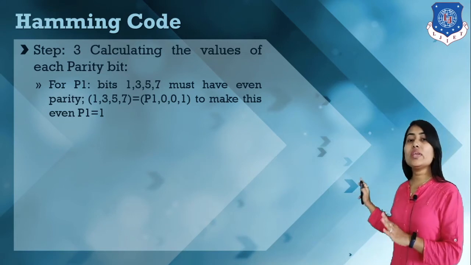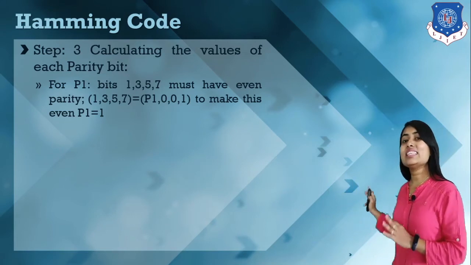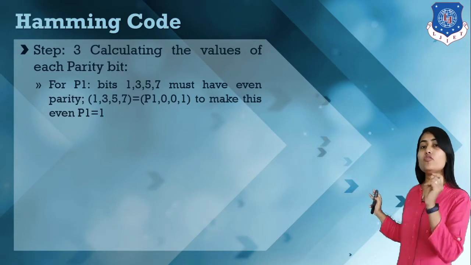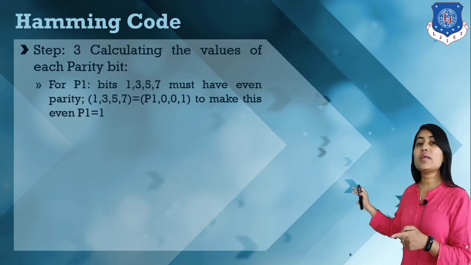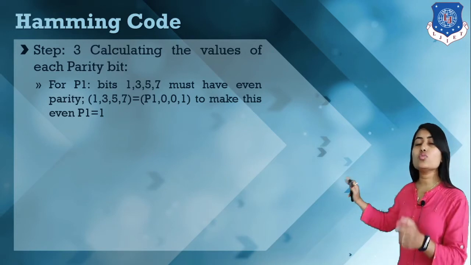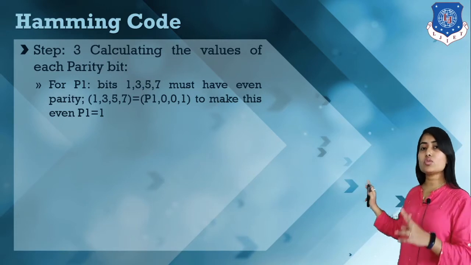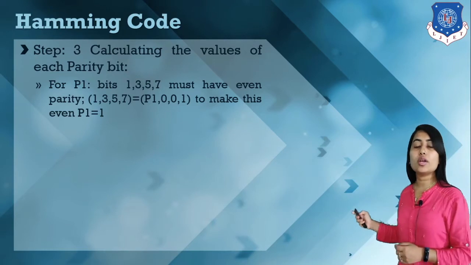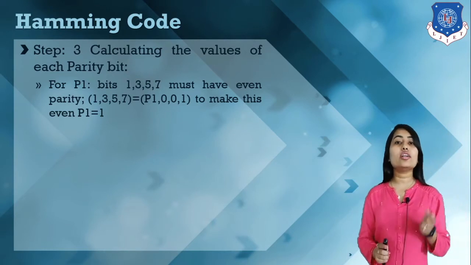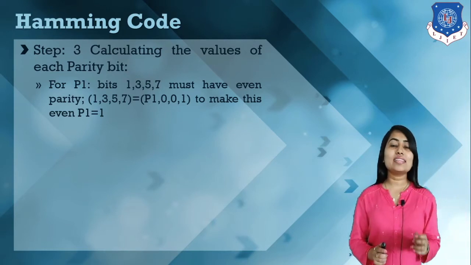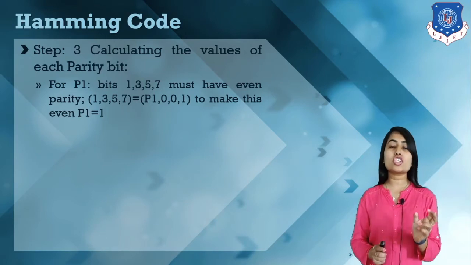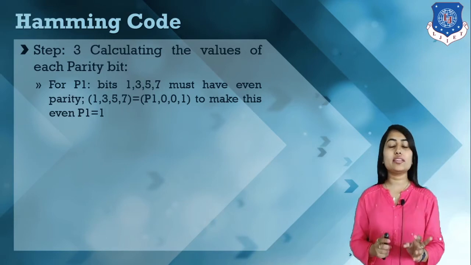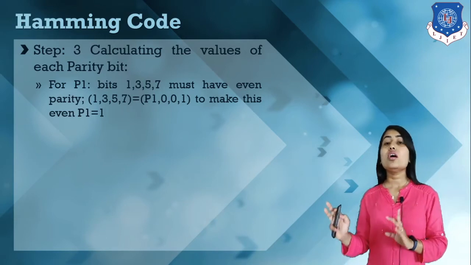So how can we make even parity in this bracket? If the value of P1 is 1, then this bracket has even parity, right? Because 1, 0, 0, 1, so two 1s, that means even parity. So here P1 is equal to 1, because it is necessary for the Hamming code format that the P1 location values have even parity. That means 1, 3, 5, 7 have even parity.